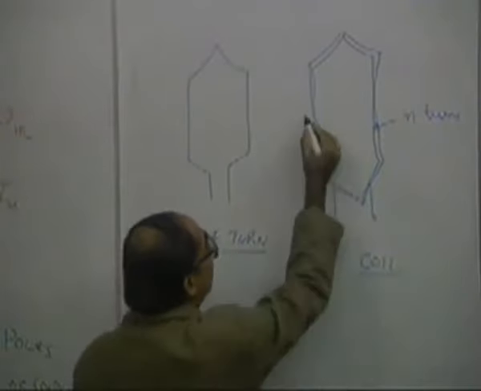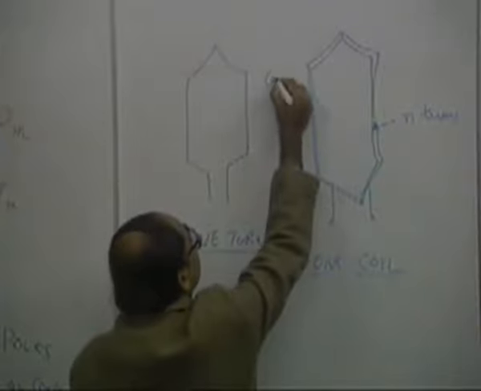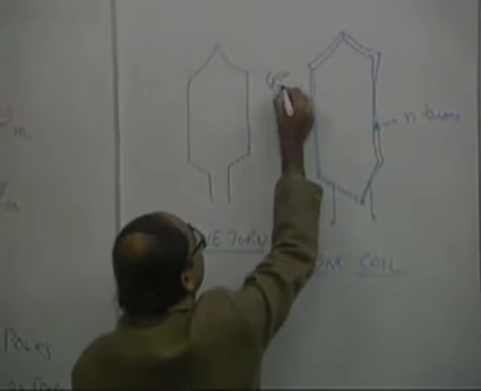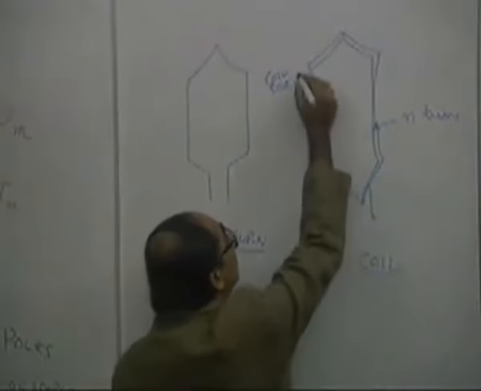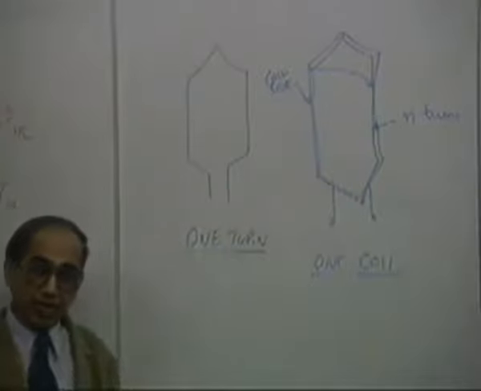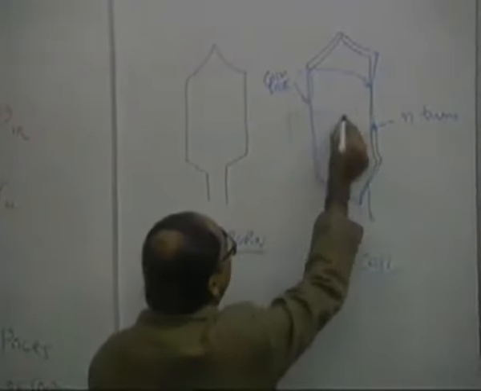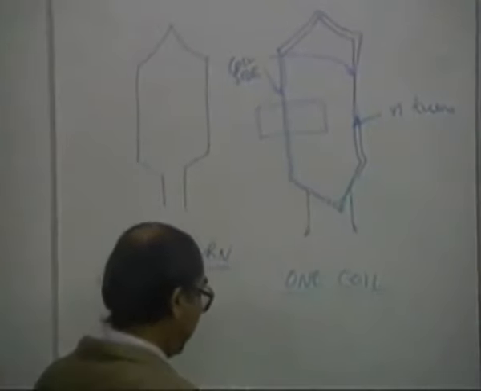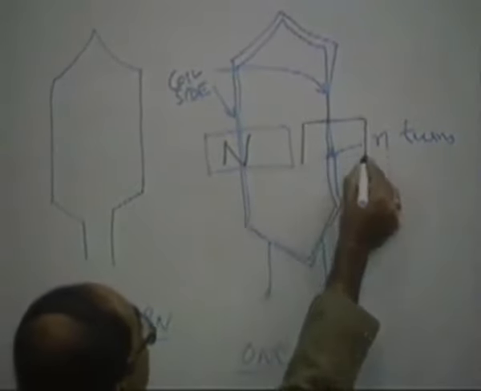And while this is called a coil side, there is another coil side. So, these are the two sides of a coil, and supposing one side is under the influence of a north pole, the other will be under the influence of a south pole.